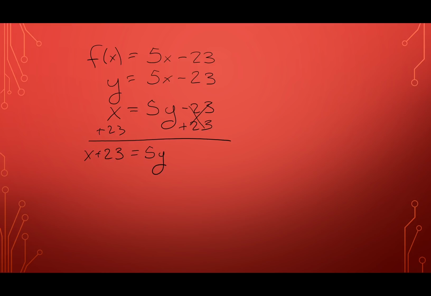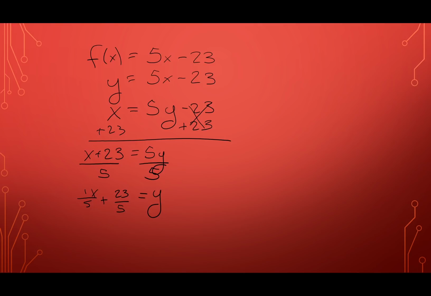And now I need to get rid of my 5 that's with my y. If it's being multiplied, inverse is divide. And I end up with my y by itself. You can leave this as this whole thing, x plus 23 divided by 5. Or you can split that 5 up into each term and make it x over 5, which is really just 1/5 x, plus 23 over 5.